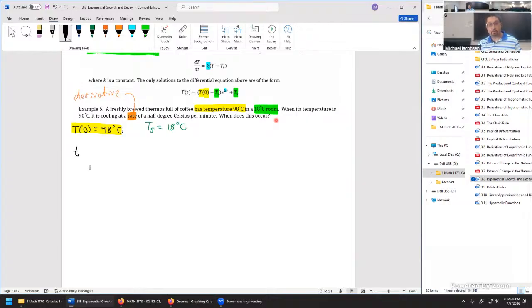Say t could be that time, or we could call it t naught to emphasize it's a constant. So let's say t naught is the time at which it's cooling at a rate. So we can say dT, d lowercase t, at time t equals t naught equals half a degree Celsius per minute. So it's going to be 1/2 degrees Celsius per minute.